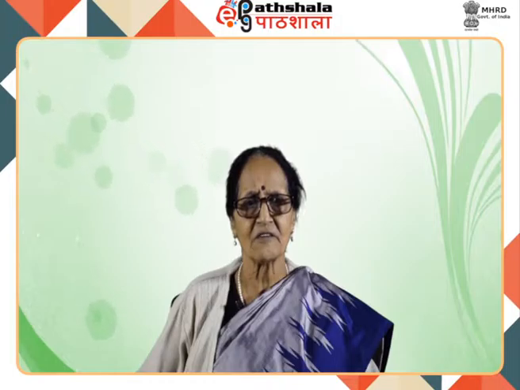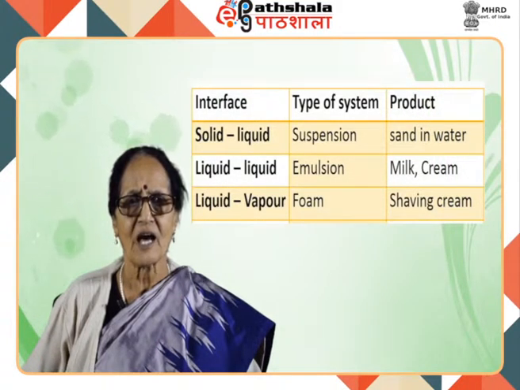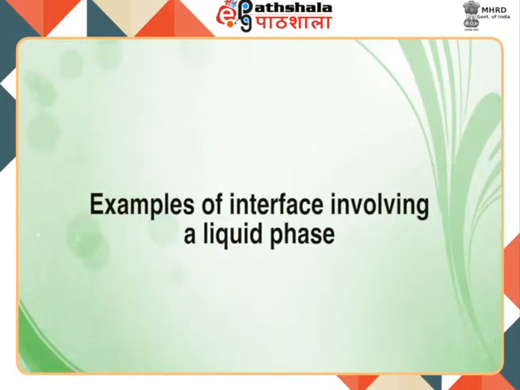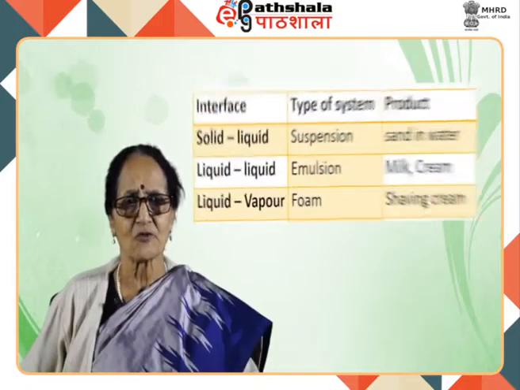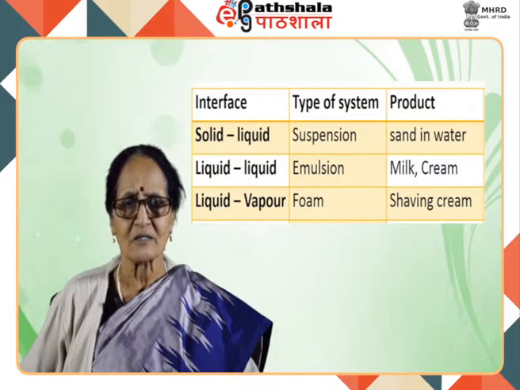Surfactants may adsorb at all types of surfaces and interfaces given above. Generally, we have interfaces which have water as the liquid phase. Some examples of the different interfaces and products are as shown in the table. Examples of interfaces involving a liquid phase: solid-liquid, it is a suspension, and the example is sand and water.